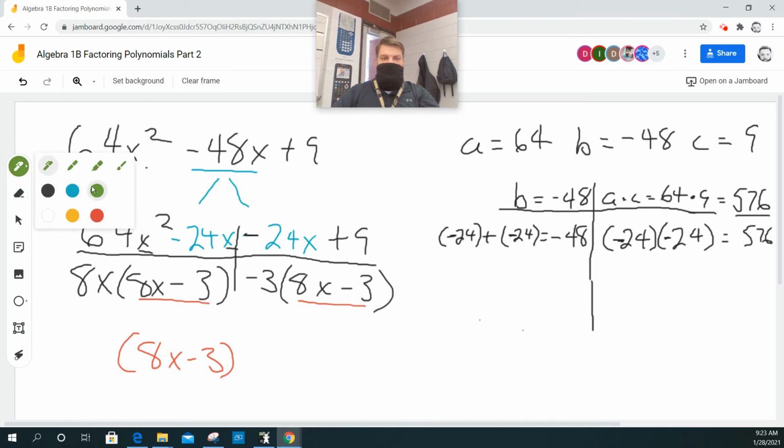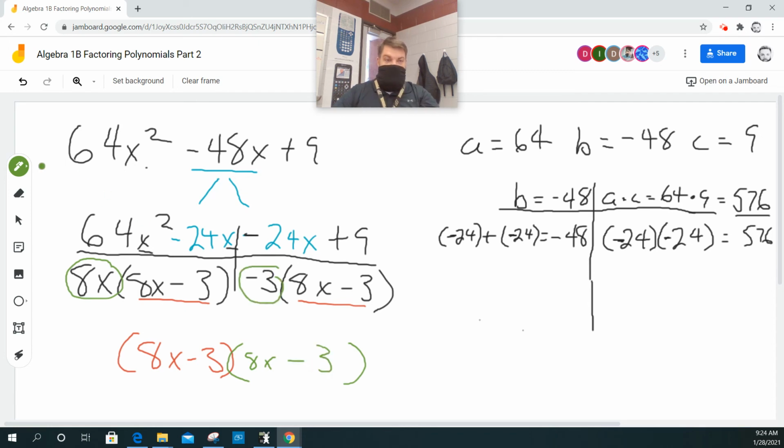Then for the remaining terms, in these set of parentheses, this is going to get written down here. And this is going to get written down here. Now, I notice one last thing. They're actually the same thing. So I'm going to say that's equal to 64x squared. Oh, I got distracted.